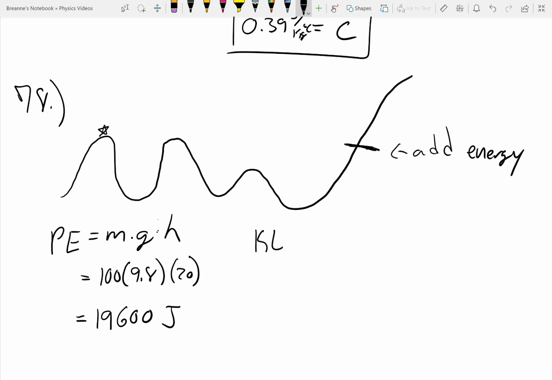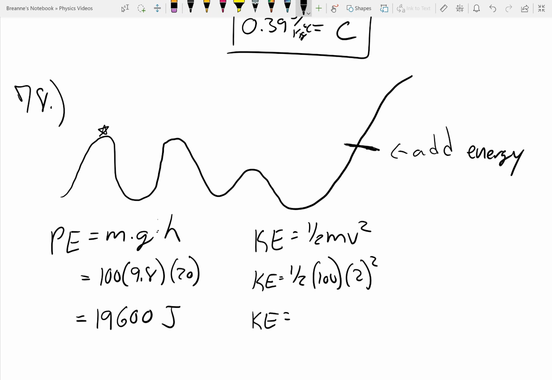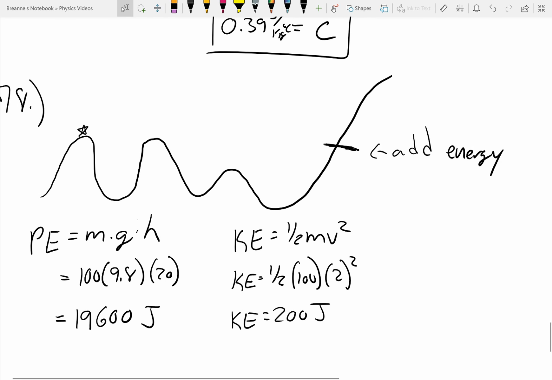Your kinetic energy is 1/2 mv squared. So your mass is 100. In this case, our velocity is 2. So then you plug that into your equation, and you get 200 joules. Your mechanical energy, or your total energy, is you just add up your potential plus your kinetic.